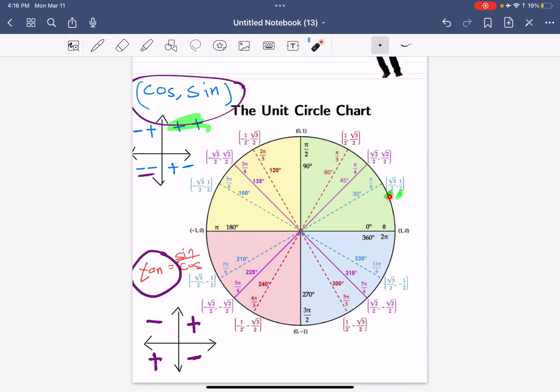So that means angle 60 has sine equal to radical 3 over 2. What else? Radical 3 over 2, sine is positive. Sine is negative here. Sine is negative here. Sine is positive in the second quadrant. In the fourth quadrant, sine is negative.